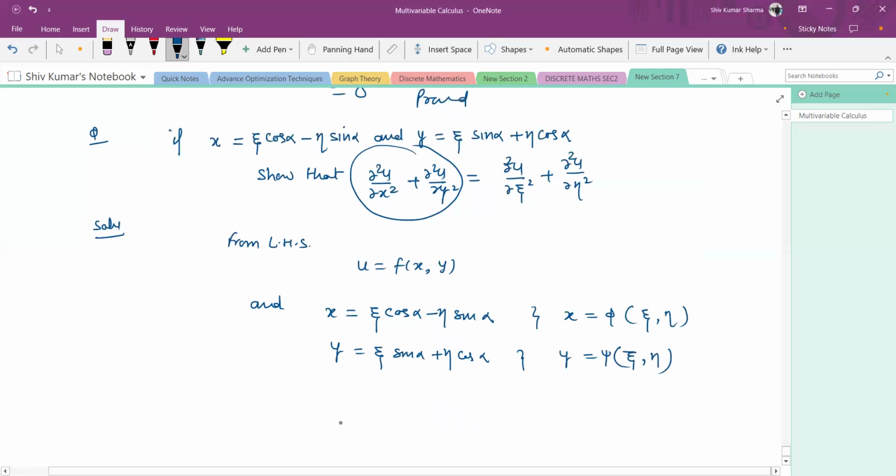Now we are going to differentiate u partially with respect to ξ and η.